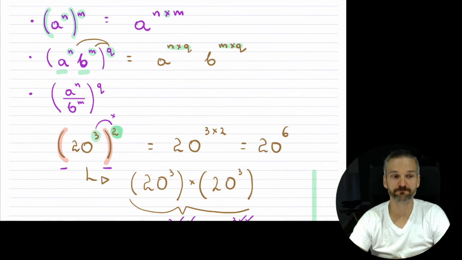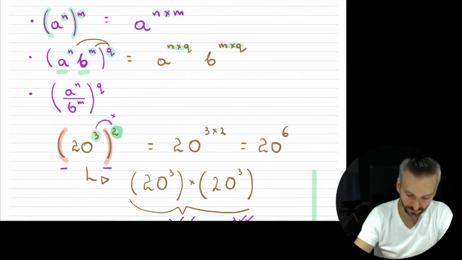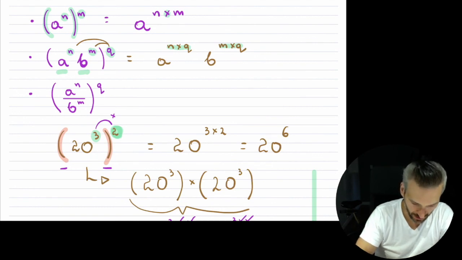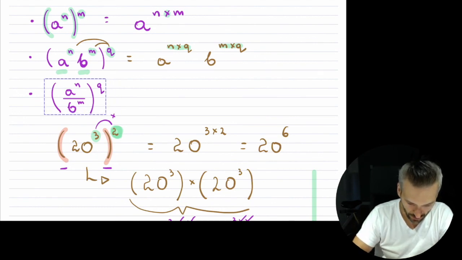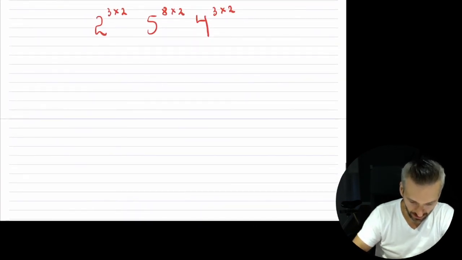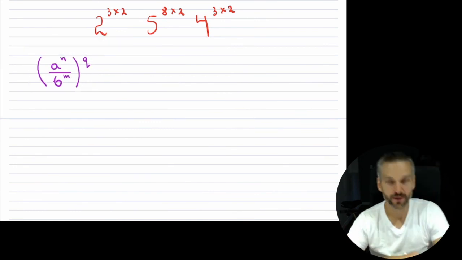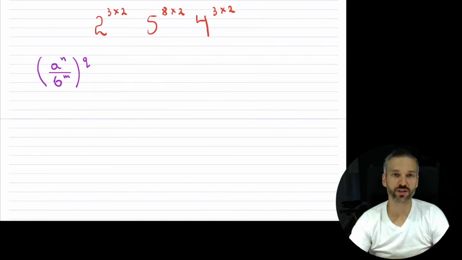All right. Now, the last one, because it's a little bit cluttered, so let me copy it. So this rule right here, just because it's division, it doesn't change anything.